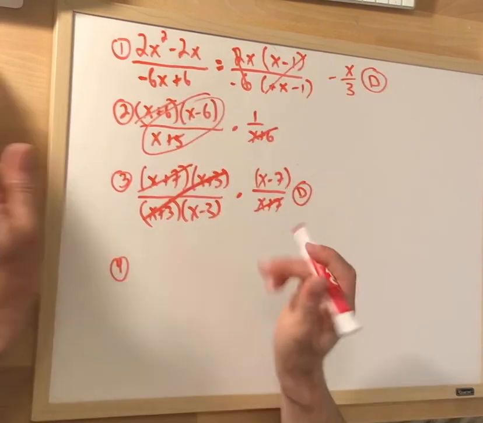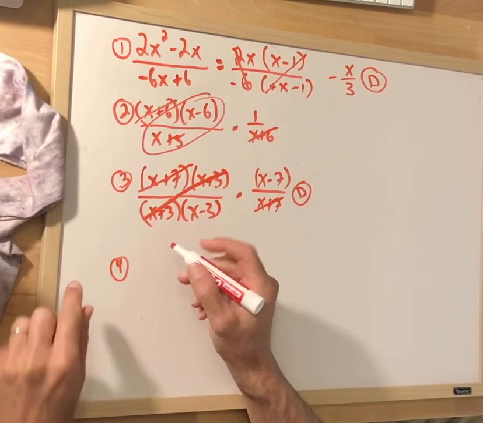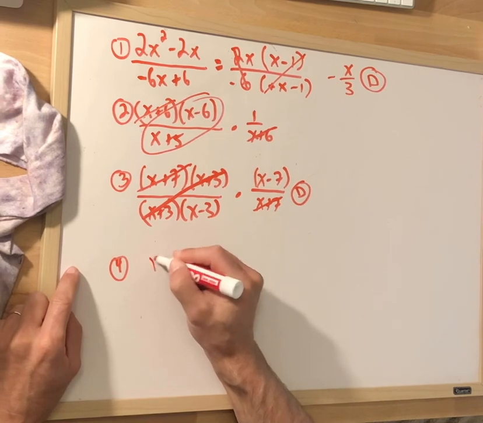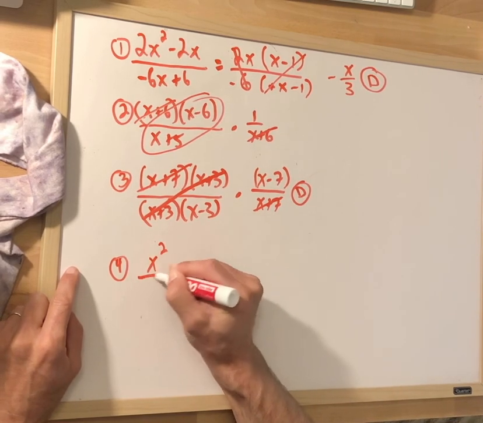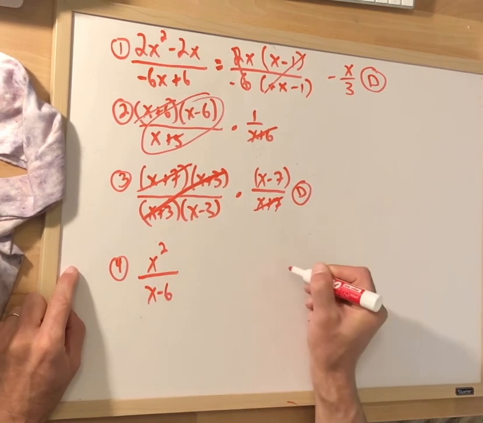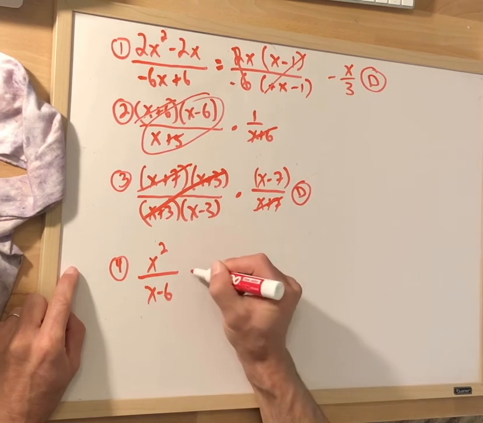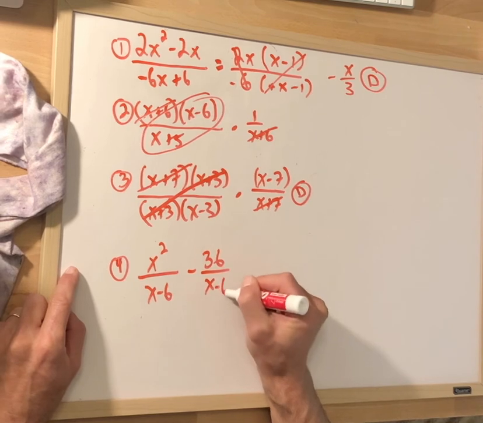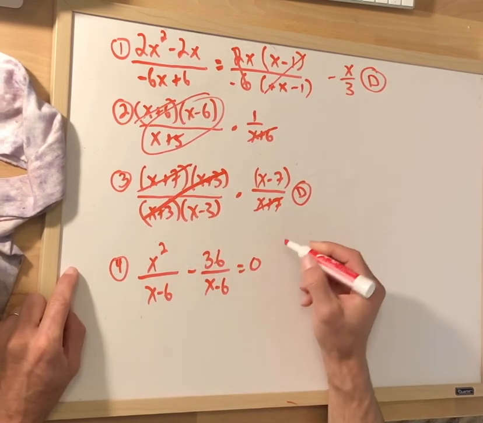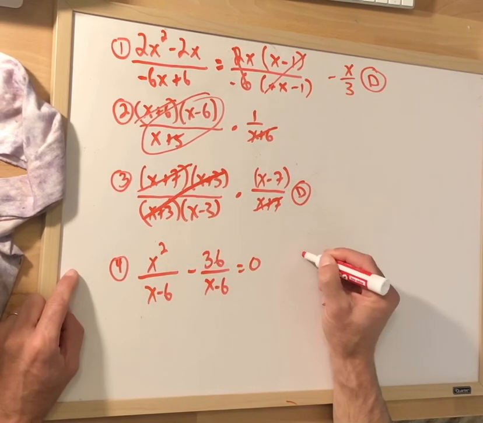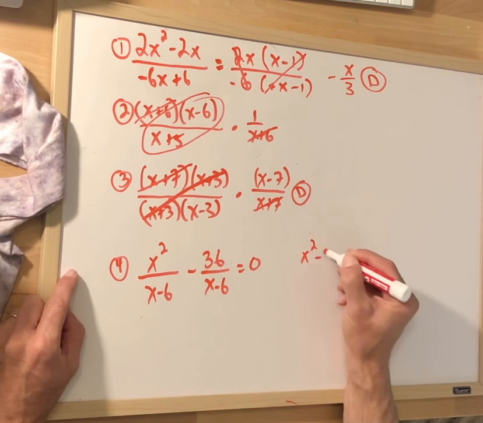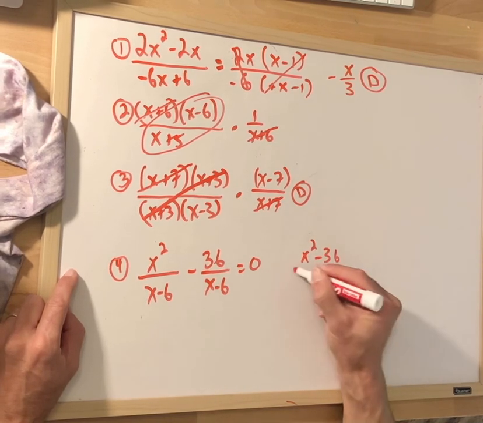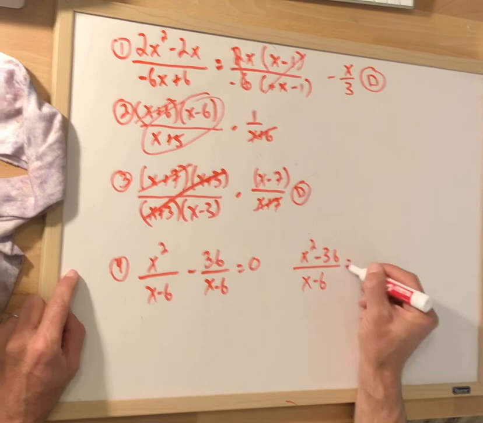So I'm going to move that fraction over. This one stays x squared over x minus 6. I'm going to move this over here to get negative 36 over x minus 6 equals 0. And then if I add these two together, I get x squared minus 36 over x minus 6 equals 0.